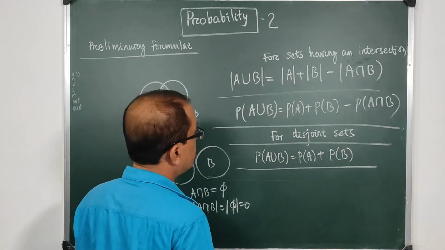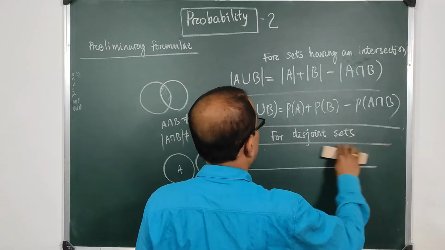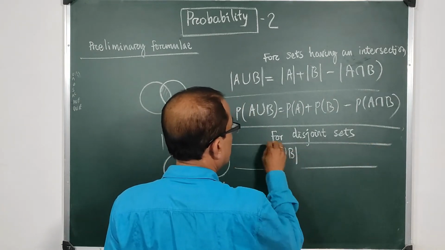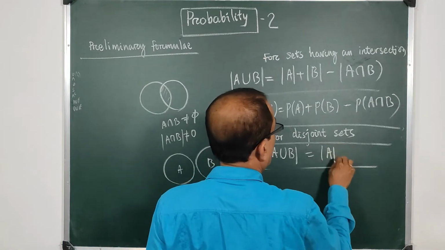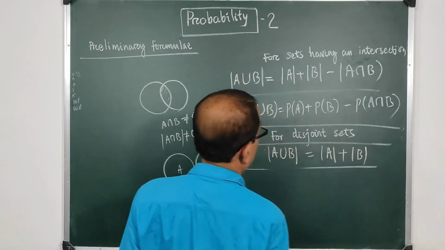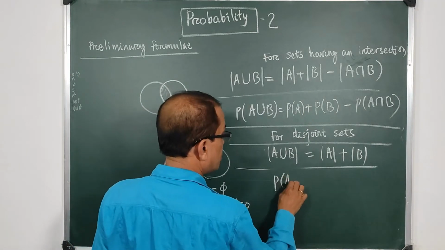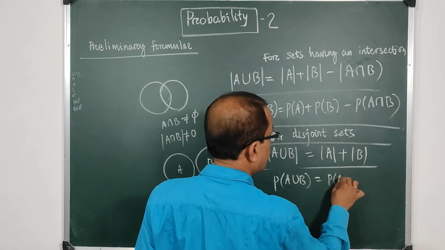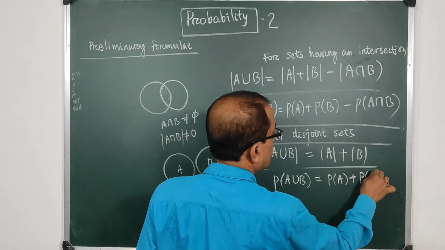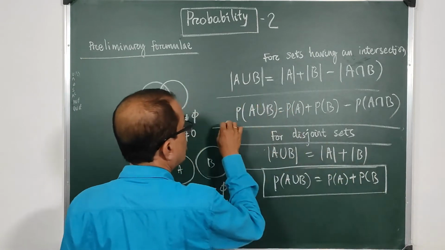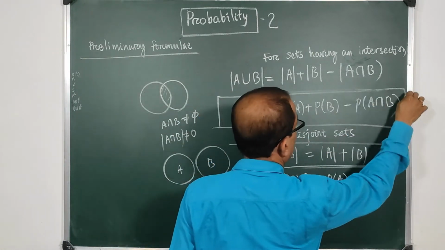In case of disjoint sets, actually we have cardinality of A union B is equal to cardinality of A plus cardinality of B. So the probability formula becomes P of A union B is equal to P of A plus P of B. So actually we are talking of probability, but in terms of set theory.